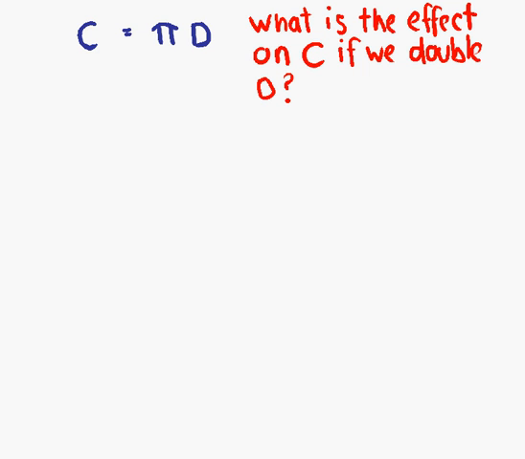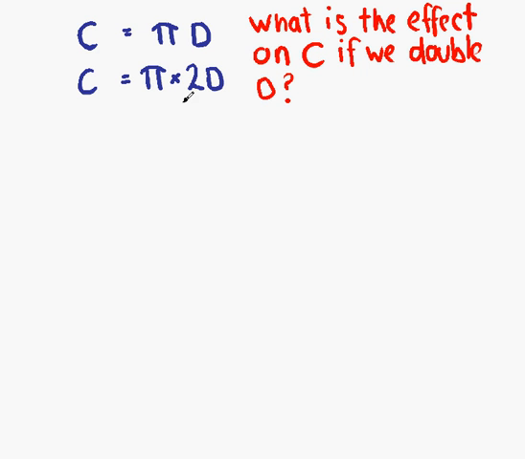What we want to know is what is the effect on the circumference C if we double the diameter D? Well, if we double the diameter D, that means we can write down our formula again. C equals pi times, and if we are doubling the diameter, that's like 2D.